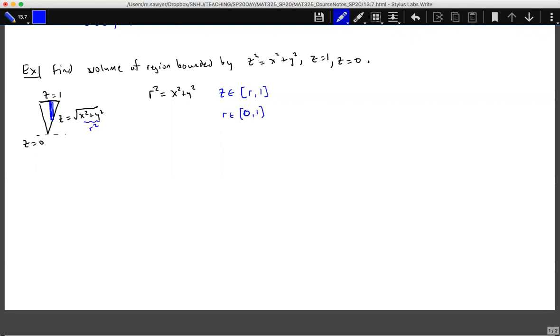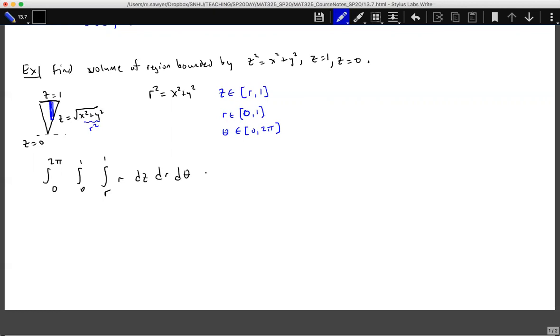And since we're looking all the way around, we have that theta has to go from 0 to 2 pi. So setting up this integral, we have 0 to 2 pi, 0 to 1, r to 1 of r, dz, dr, d theta.